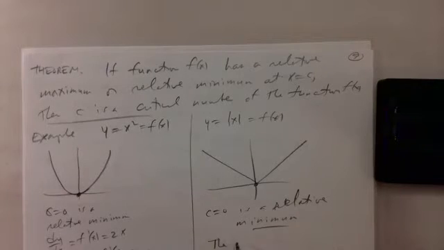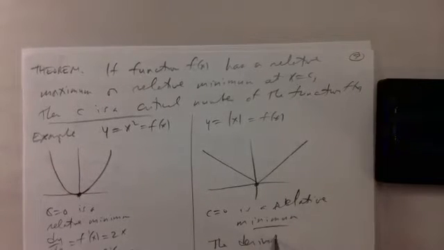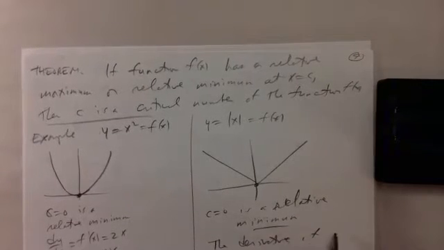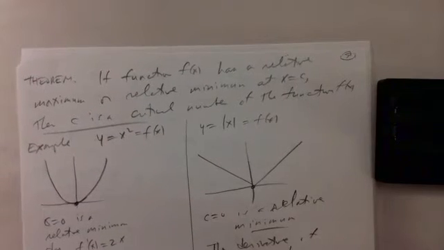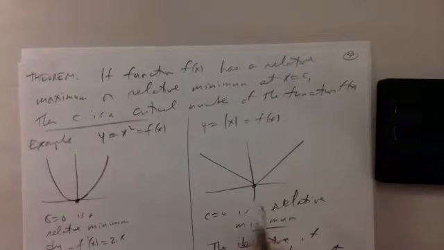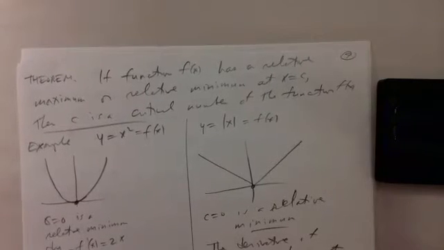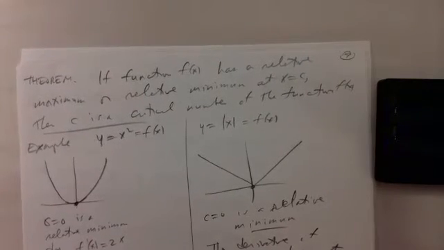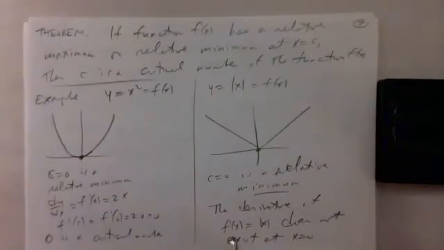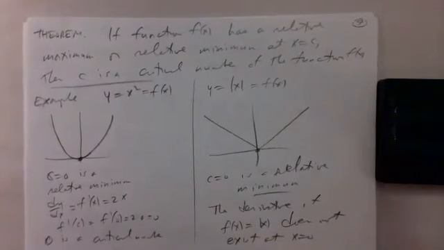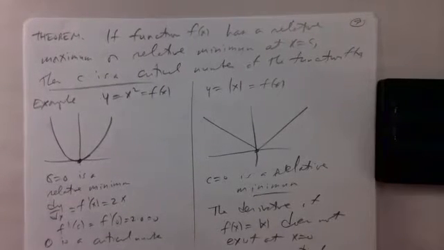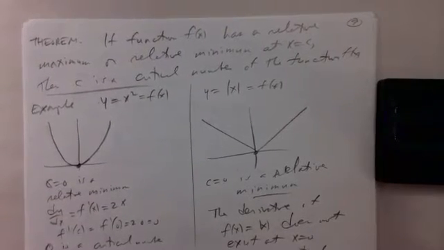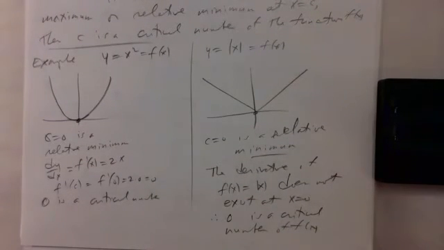The derivative of f of x equals the absolute value of x: there is no derivative at 0. It does not exist at x equals 0. So therefore, 0 is a critical number of f of x.